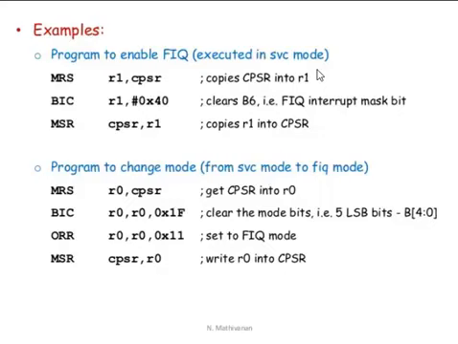Okay, then BIC R1 comma hash 0x40. Okay, so it clears bit 6. Okay students, then FIQ interrupt mask bit. Okay, then MSR CPSR comma R1. So in this third statement, R1 value is copied into CPSR.